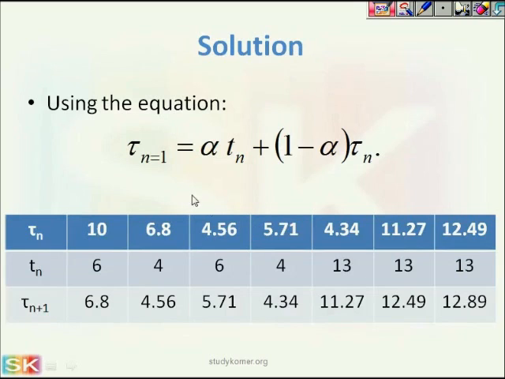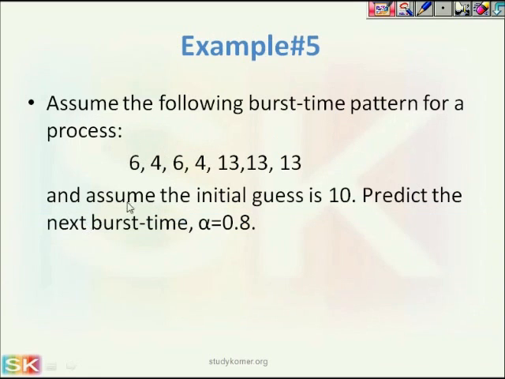So we have tau n plus 1 is equal to alpha Tn plus 1 minus alpha tau n, where alpha is 0.8, that is given, and Tn given was 6 initially and tau n given was 10 initially. It says to assume the initial guess is 10, that is tau n, and Tn initially is 6.